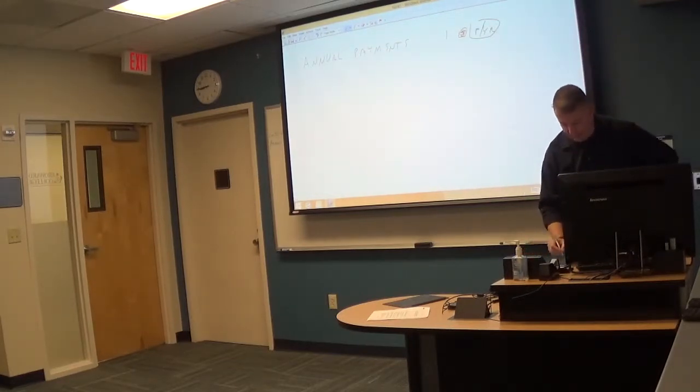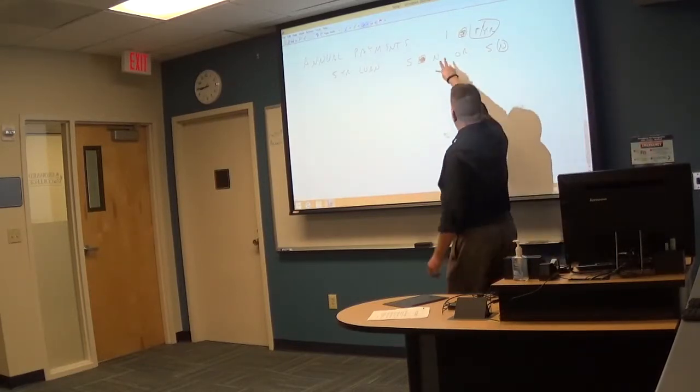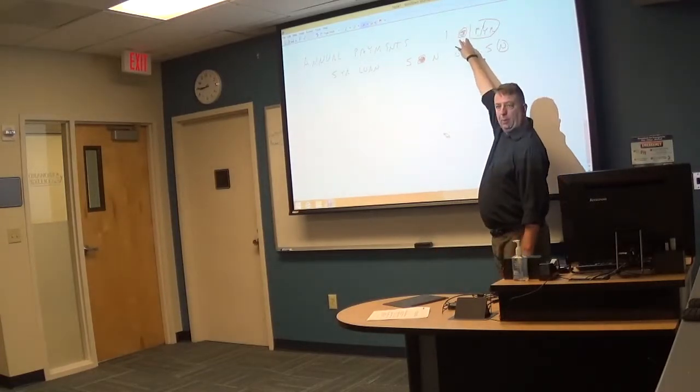For example, if we have a 5-year loan, we can put in 5 shift N, or we can simply put in 5 N, because the number of compounding periods is only one time per year.